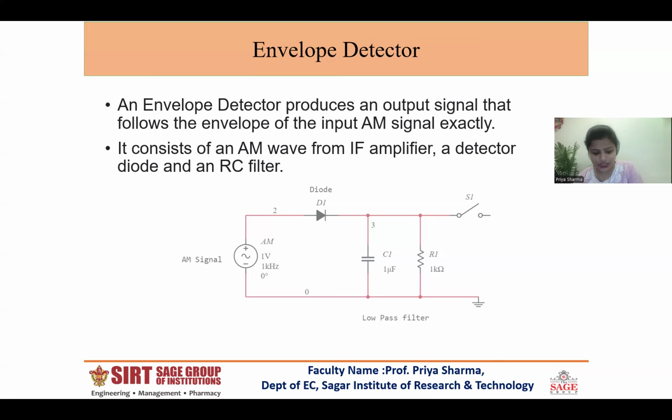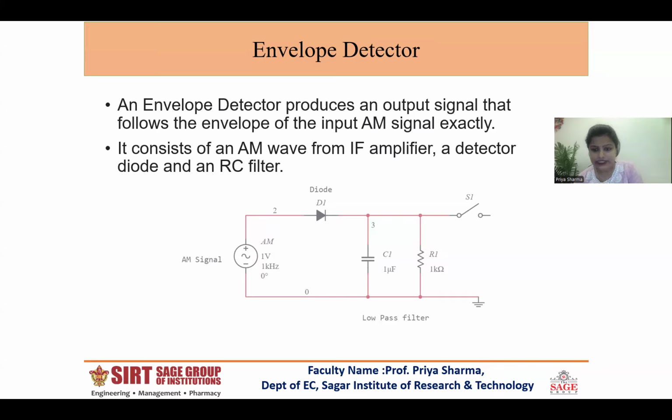Now coming to the operation, the standard AM wave is applied at the input of the detector. In every positive half cycle of the input, the detector diode is forward biased. It will charge the filter capacitor C connected across the load resistance R to almost the peak value of the input voltage. As soon as the capacitor charges to the peak value, the diode stops conducting.